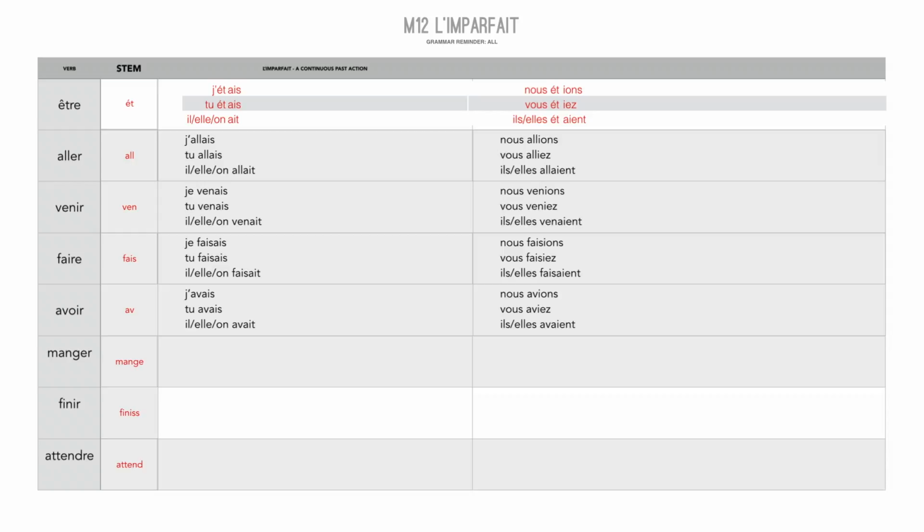Avoir, j'avais, tu avais, il avait. Nous avions, vous aviez, ils avaient. Manger, je mangeais, tu mangeais, il mangeait. Nous mangions, vous mangiez, ils mangeaient.